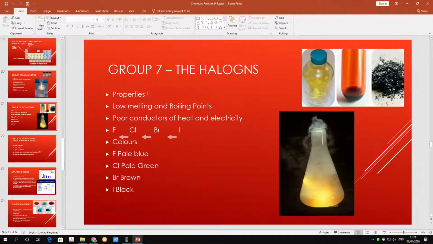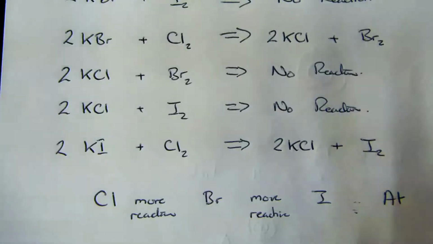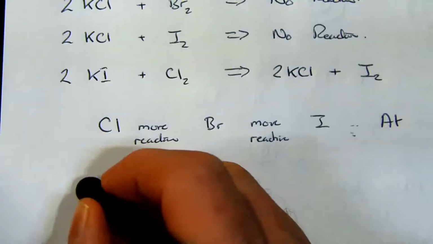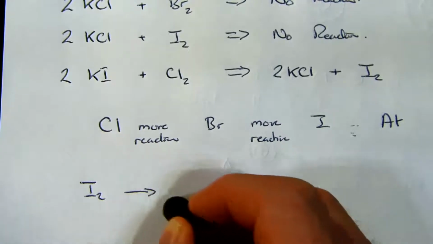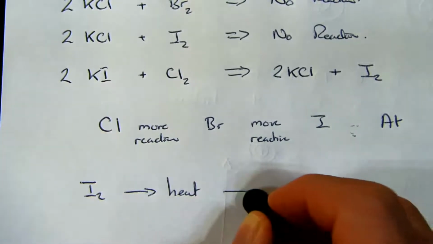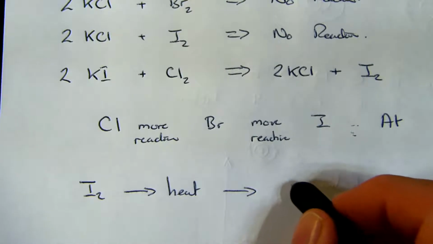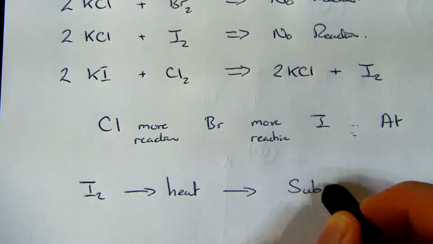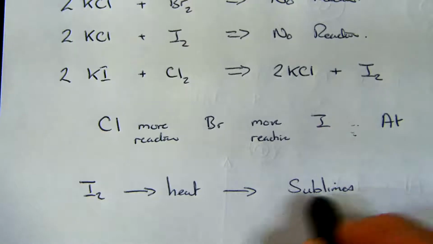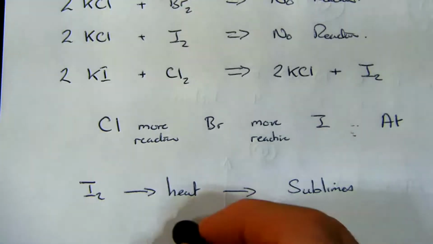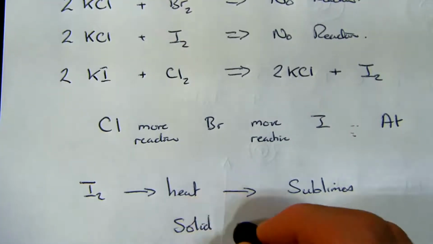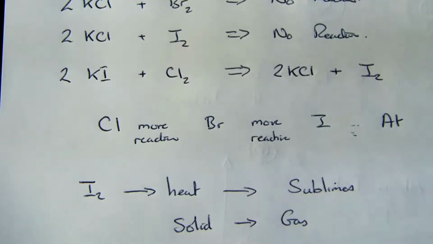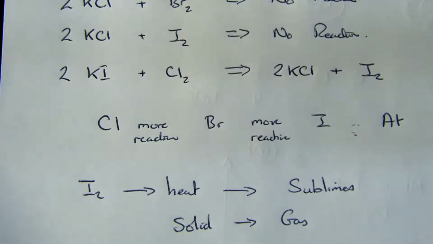Iodine's rather peculiar, and if you want to take some iodine and heat it, then it sublimes. In other words, it turns straight from a solid to a gas. And this is one of the interesting features of iodine.